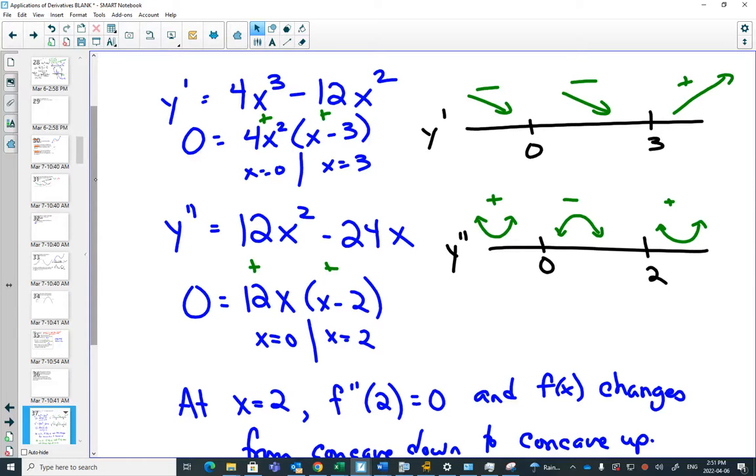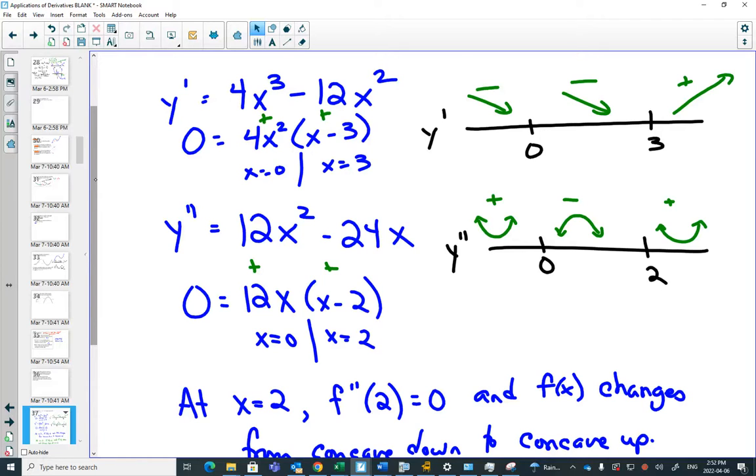Okay? If it changed, you would have a minimum or a maximum. So then it can't be an inflection point at a minimum or maximum. There's no possible way that a minimum or a maximum can change inflection at that point.